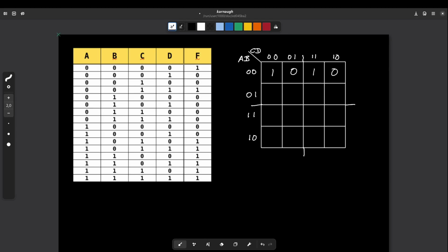For the next row, 0100 yields 0, 0101 yields 0, 0110 yields 0, and 0111 equals 0.